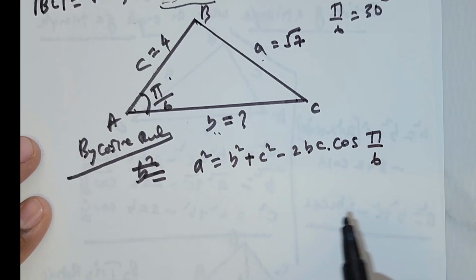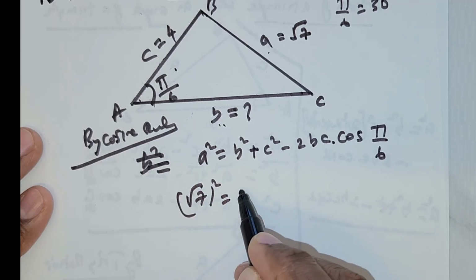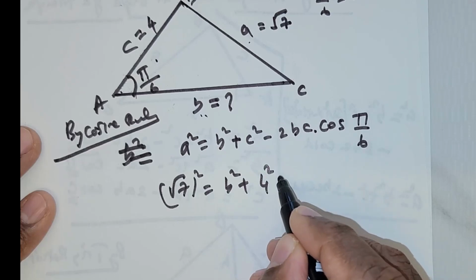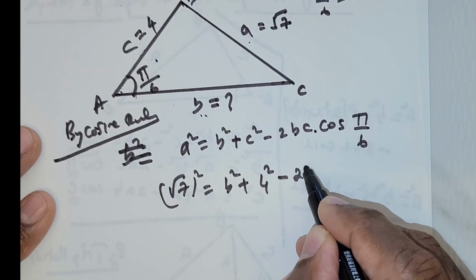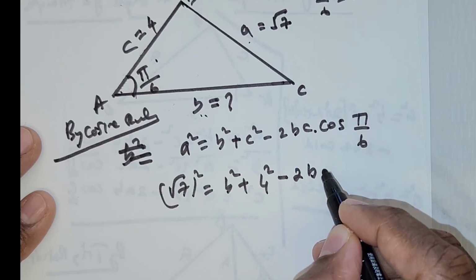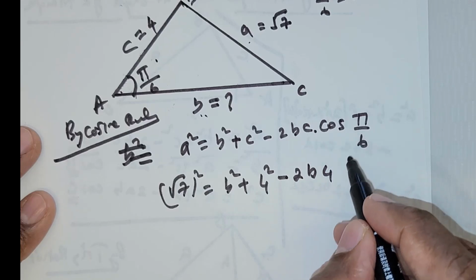That's pi over 6. So a squared is root 7 squared. b squared we don't know. c squared is 4 squared. Negative 2 times b, which is not known, times c, which is known, times cos 30.